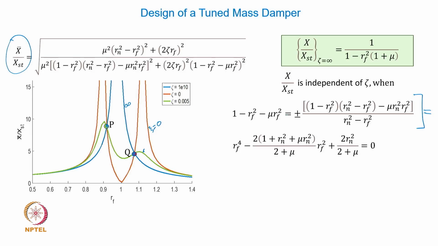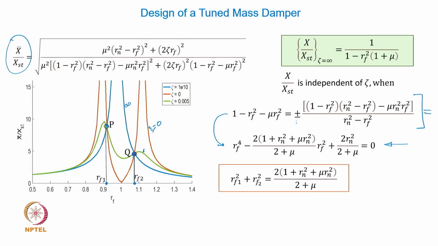If I simplify this or use an appropriate sign on the right hand side, I get this quadratic, which is going to give me two possible RF values. So RF1 for P and RF2 for Q. So I will get the precise location where P and Q on the x-axis are located, right? So this is one expression which is of importance to us.